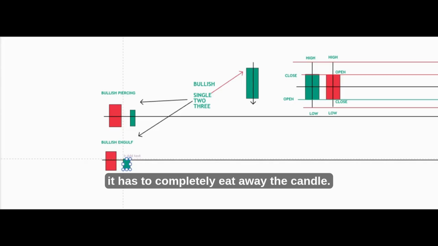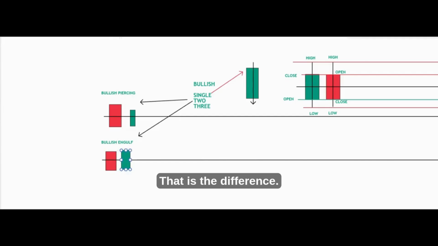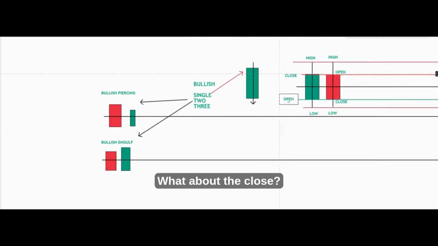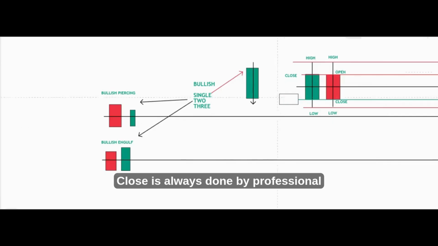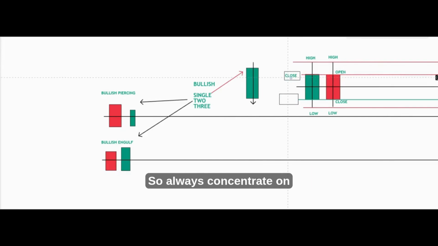In engulfing, it has to completely eat away the previous candle. And always remember, the open is done by newbie traders, or you can call them amateurs. What about the close? The close is always done by professionals like us. So always concentrate on the close. Whenever you are looking at a candle, always focus on its close.